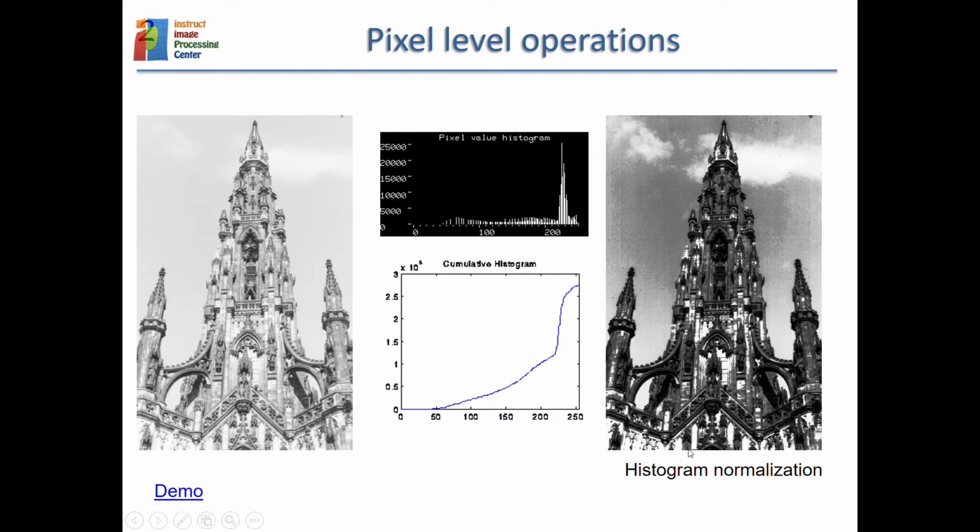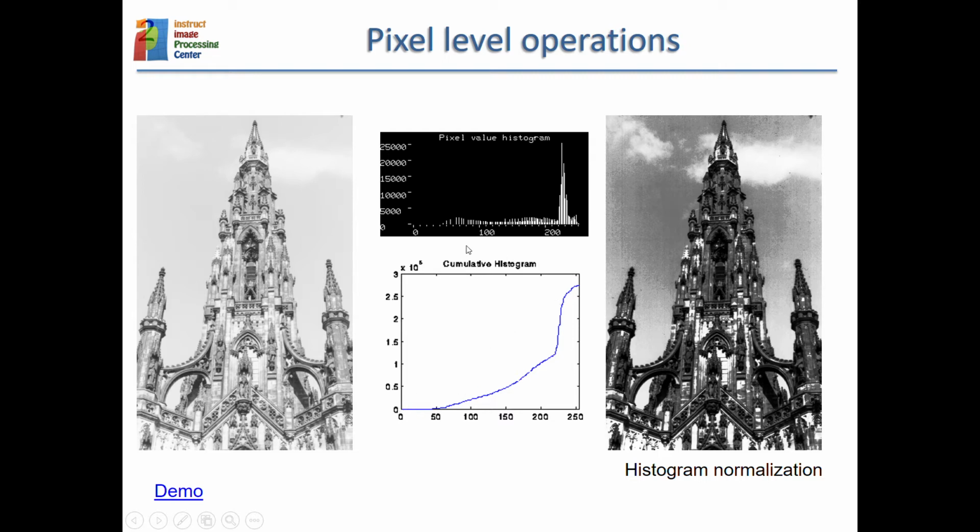histogram equalization operation. It is also called histogram normalization, histogram operations in general. So let's say that we collect this image, and in this image we cannot see some of the details, and what we do is we compute the histogram of that image, and then we compute the cumulative histogram.